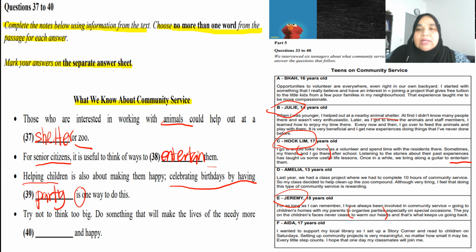From A to F, I can see that one word is from Ida. The word is meaningful. So do something that will make the lives of the needy more meaningful and happy. That is how you are going to locate your answer.